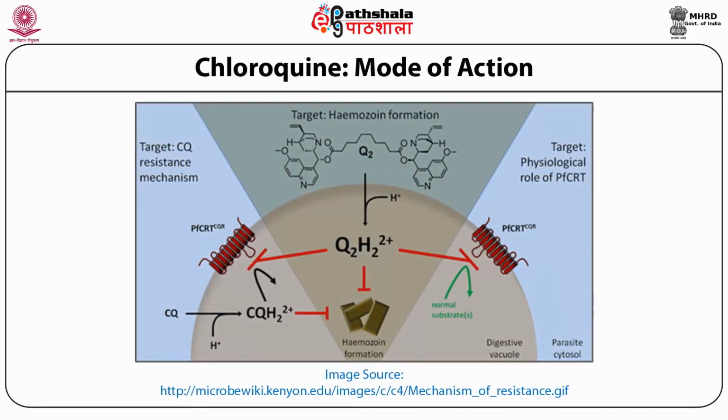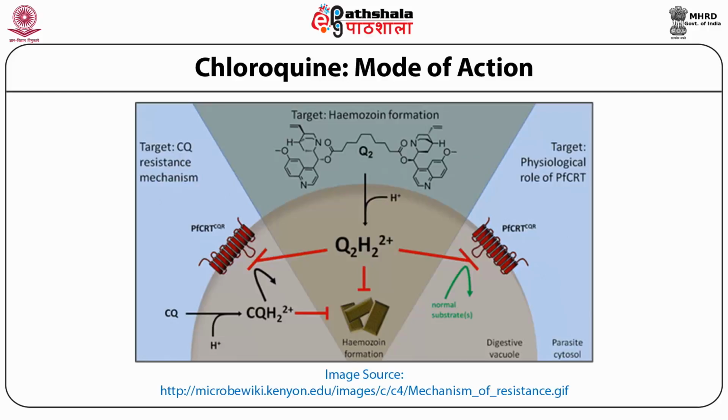If we see the picture over here, the heme released from hemoglobin catabolism is polymerized with the help of the heme polymerase enzyme, located in the acidic food vacuole of the intraerythrocytic parasite. So this heme is polymerized to form hemozoin fragments. This hemozoin fragment is non-toxic, while the heme part is toxic to the parasite. So it is converting the toxic heme into non-toxic hemozoin.